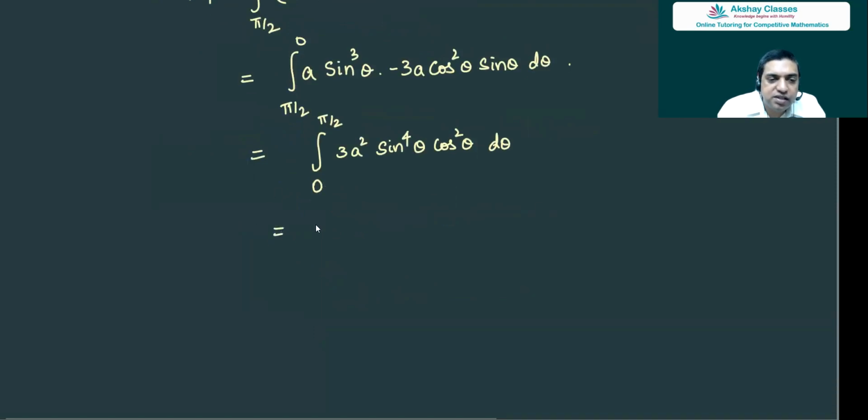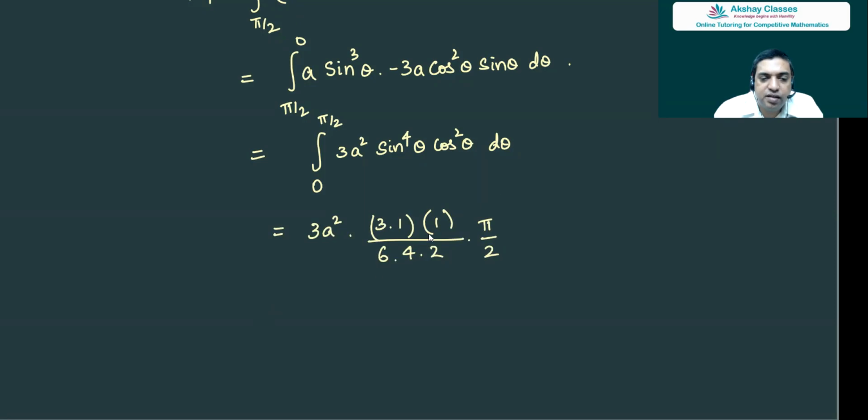Now this is 3 times a square. Now apply the Wallis formula. What we get? We start with, this is 4 and 2. So 4 minus 1, 3. Then 3 minus 2 is 1. You end there. 2 minus 1 is 1, divided by 4 plus 2 is 6. It starts with 6, 4, 2 multiplied by pi by 2.